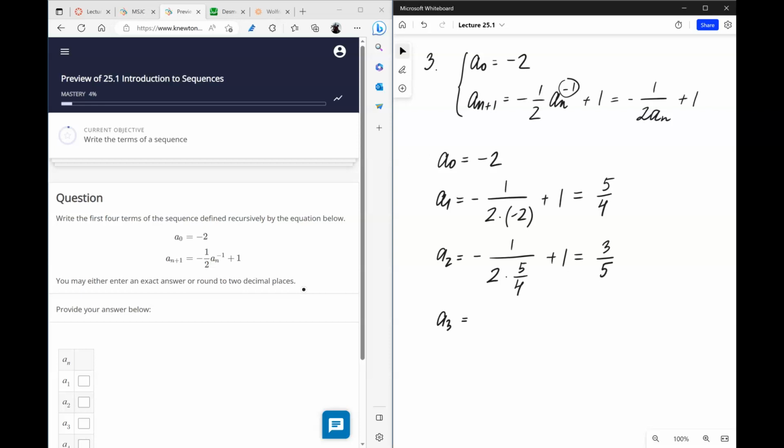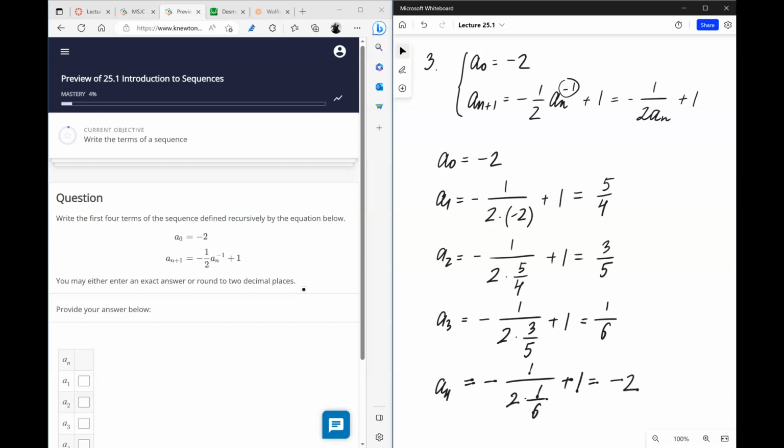A3 is -1 over 2 times 3/5 plus 1. So we have 6/5, 5/6, so it's 5/6. 1 minus 5/6 is just 1/6. A4 is -1 over 2 times 1/6. -3 plus 1, and we're back to -2.